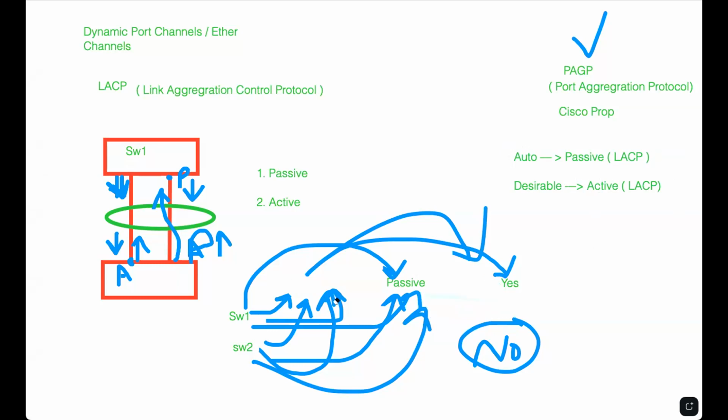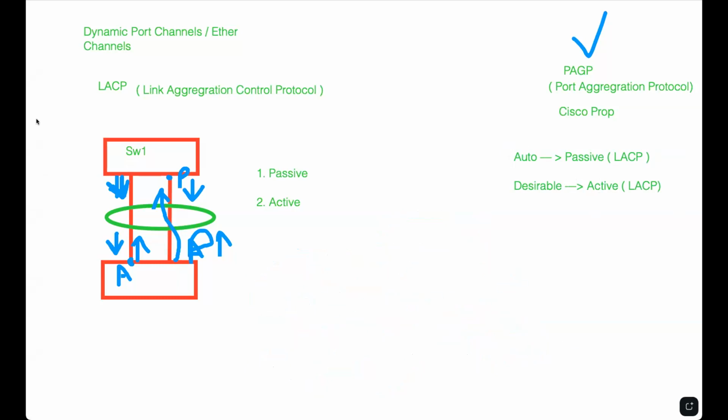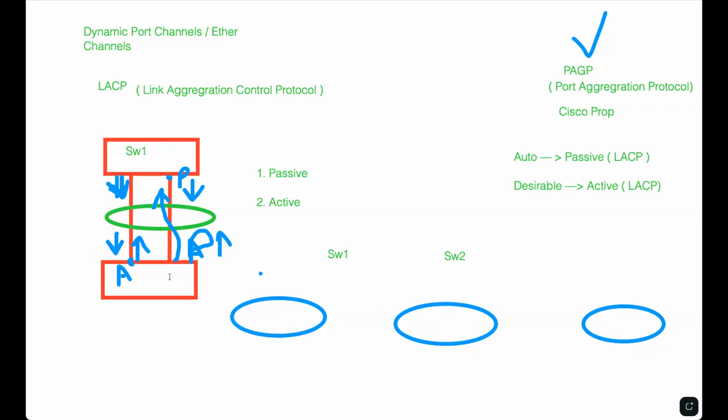Okay, so now, if switch 1 is active and switch 2 is active, then the port channel will form.